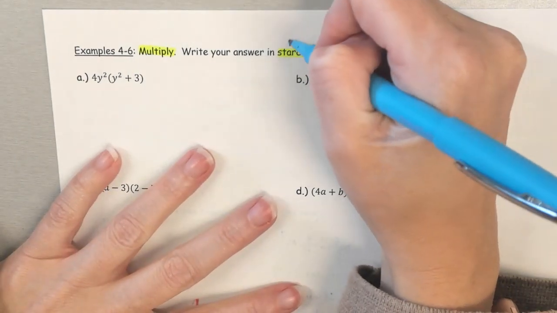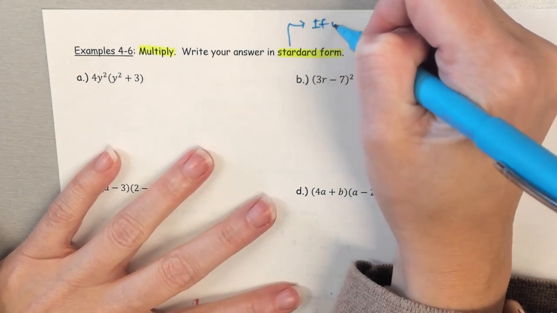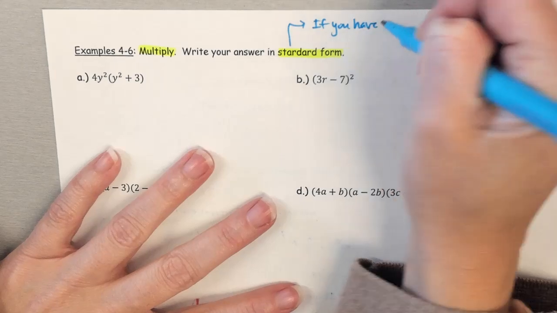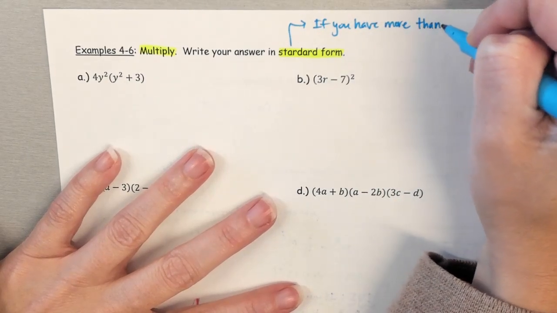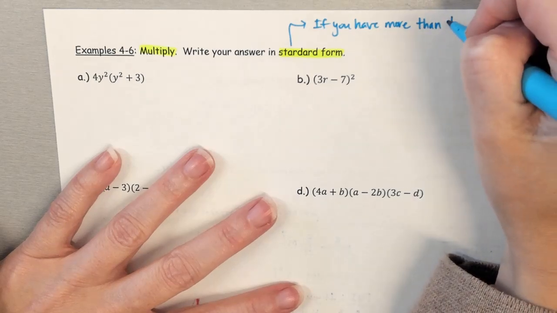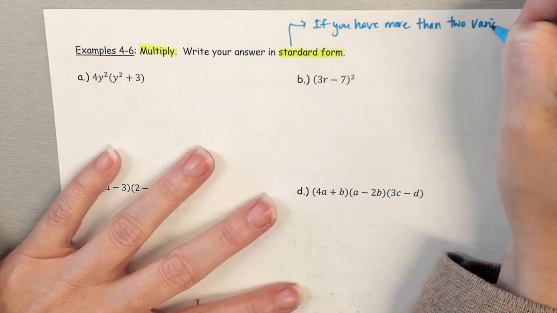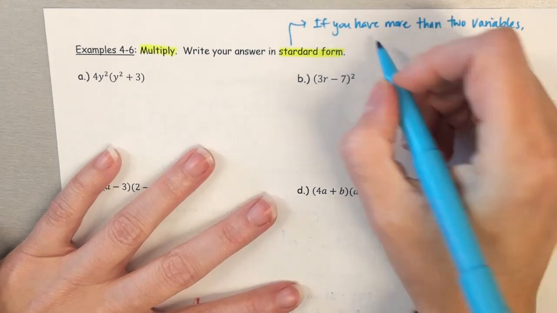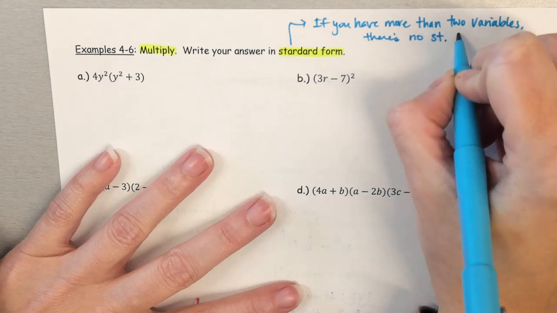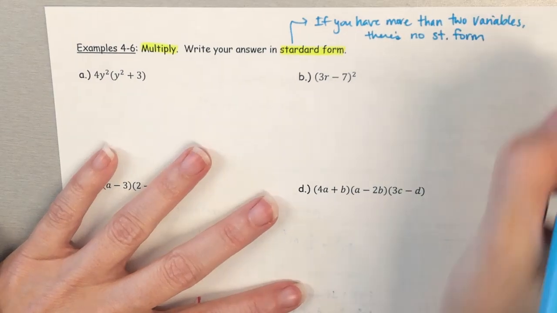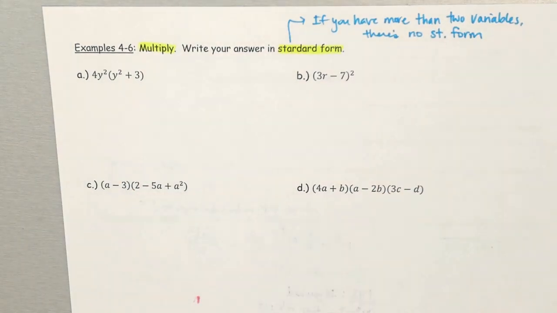Okay, so if you have more than 2 variables, there's no standard form required. You don't have to worry about standard form. So some of them we're not going to have to worry about.